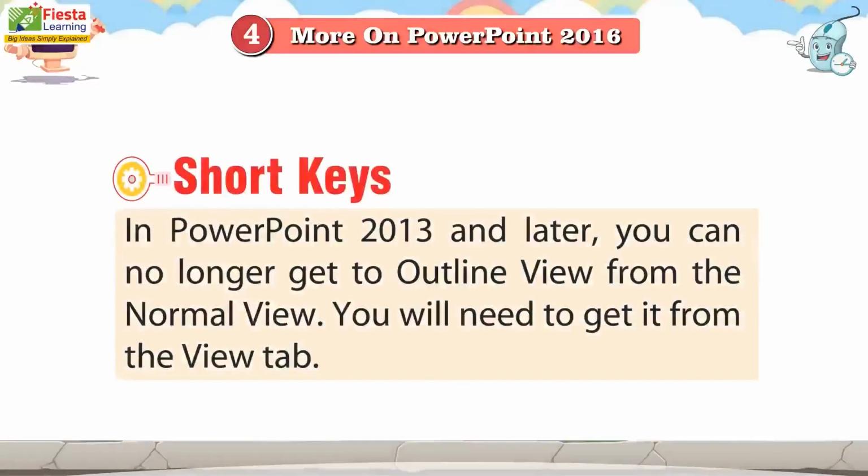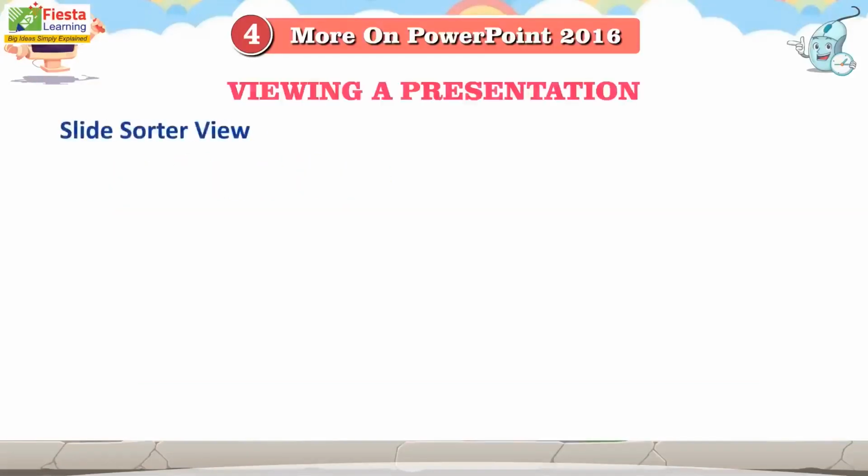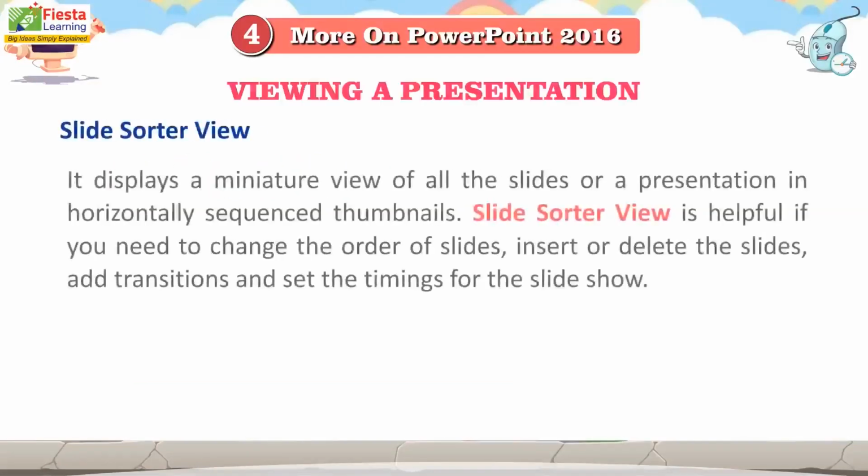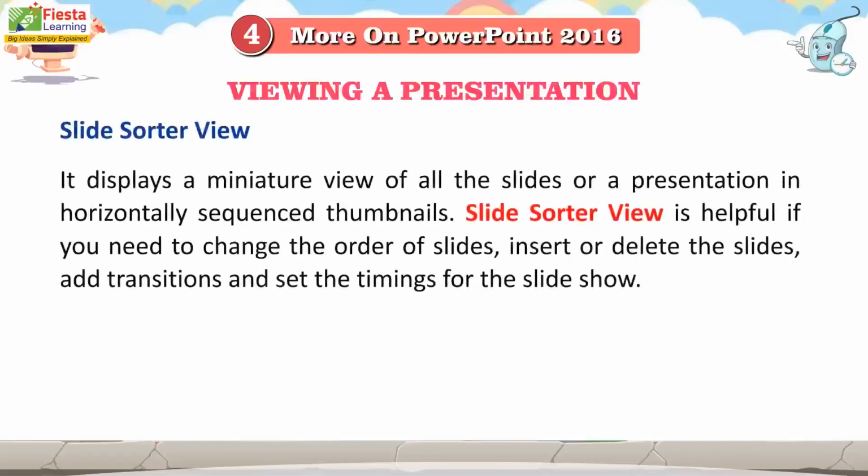Short keys. In PowerPoint 2013 and later, you can no longer get to Outline View from the Normal View. You will need to get it from the View tab. Slide Sorter View. It displays a miniature view of all the slides of a presentation in horizontally sequenced thumbnails.